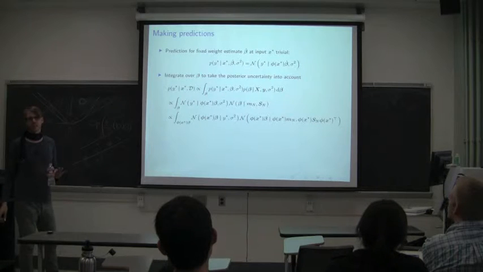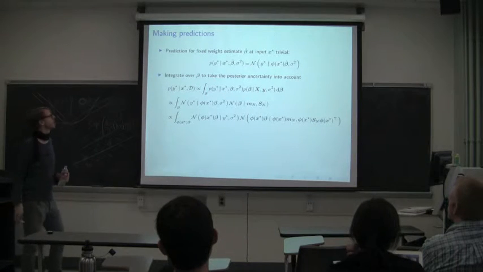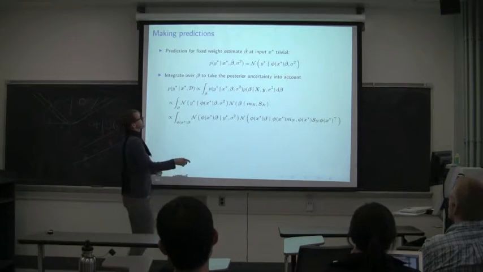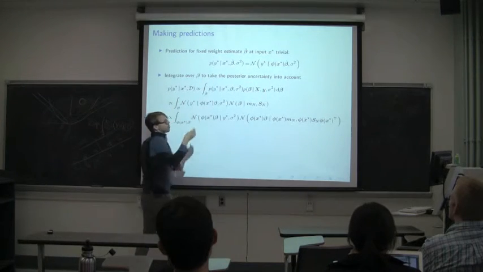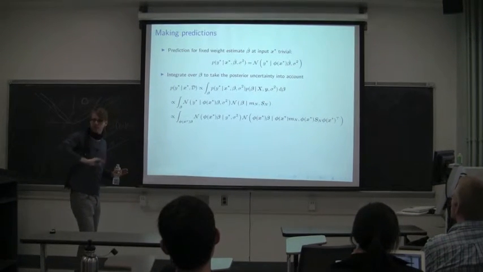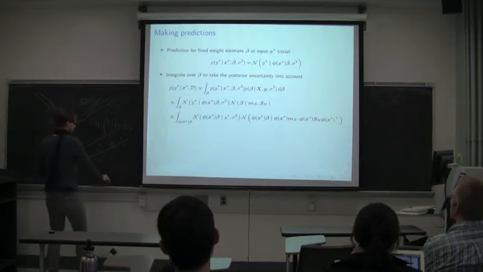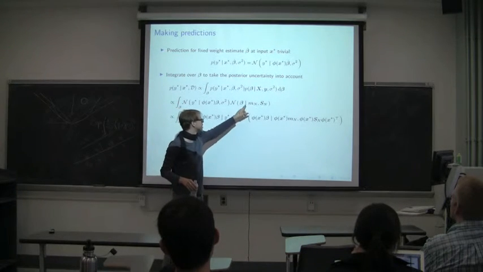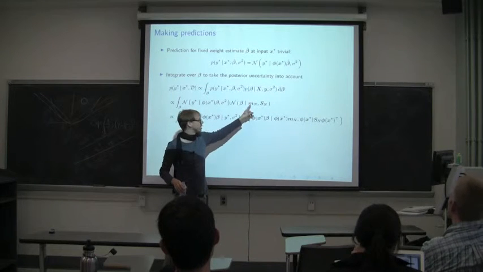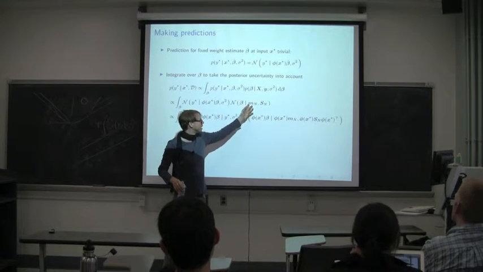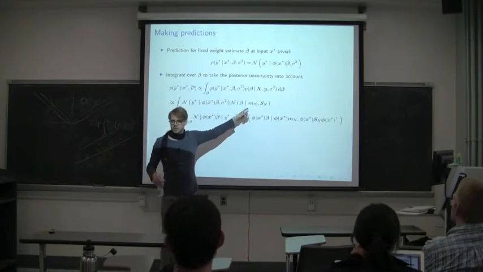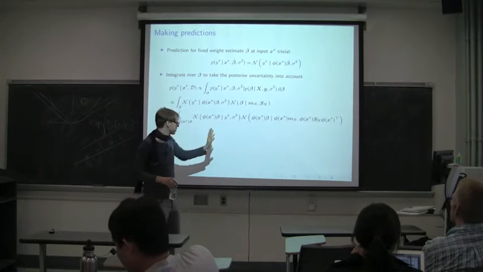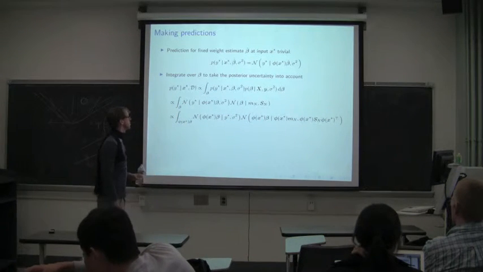The funny thing is we don't care about constants here, because in the end we will get a Gaussian distribution in y, which will be normalized. That's why we have only proportionals here: this is not equal to that, but it's equal to that times a constant. But forget constants, we don't need them.